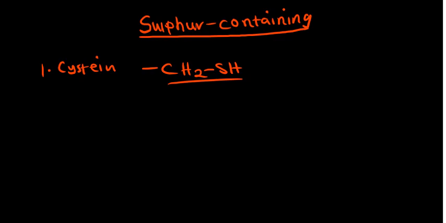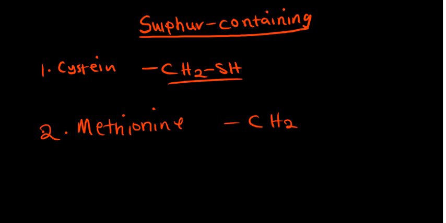So the next one we have methionine, which is another one that has sulfur in the structure. But the other group for methionine is like this: CH2, then we have CH2 here, then we have S here.